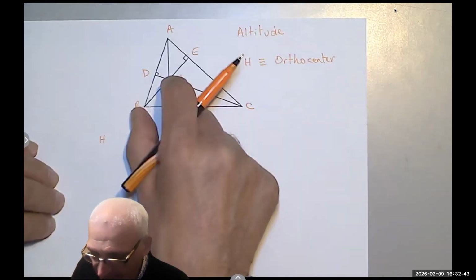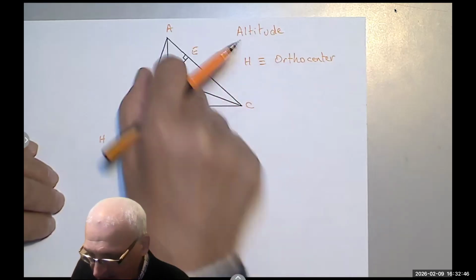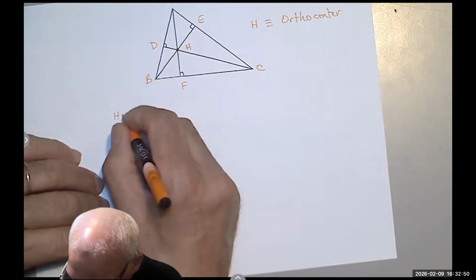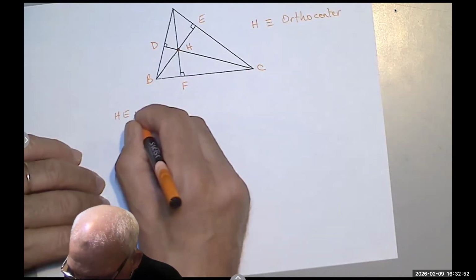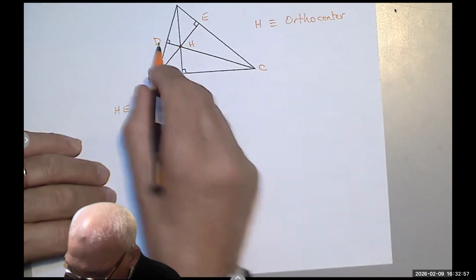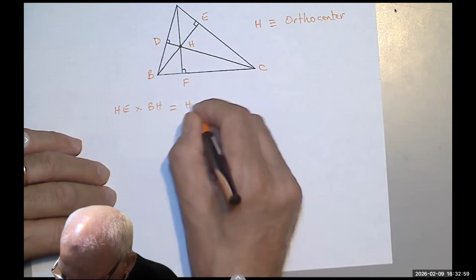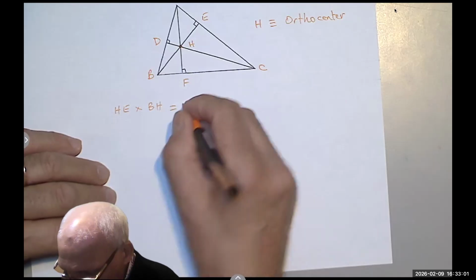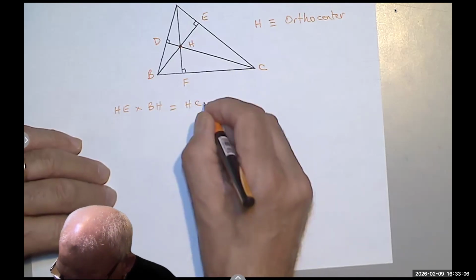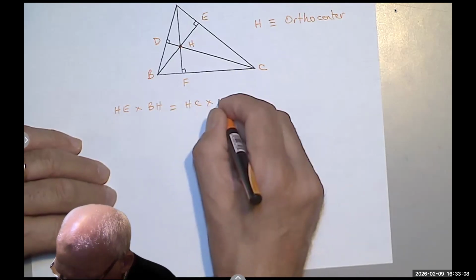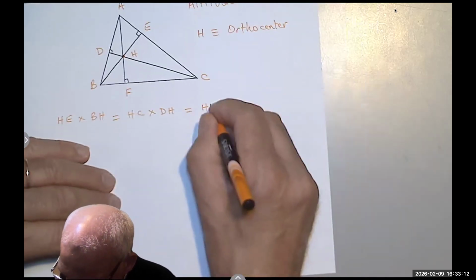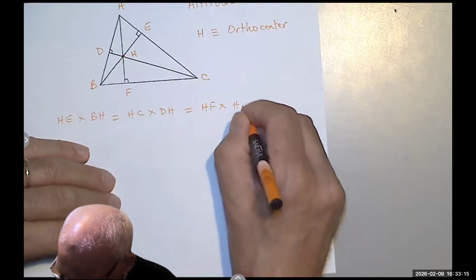But here we say, if I multiply HE by BH, I get the same as if I multiply HC, or it doesn't matter which one you start with, but HC by DH or HD is the same as multiplying HF by HA or AH.